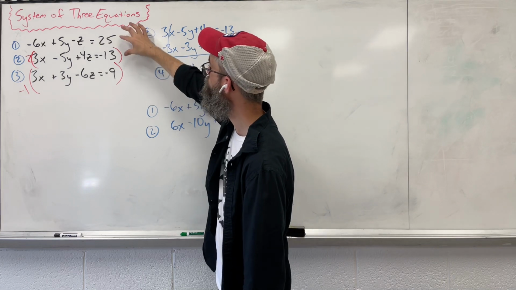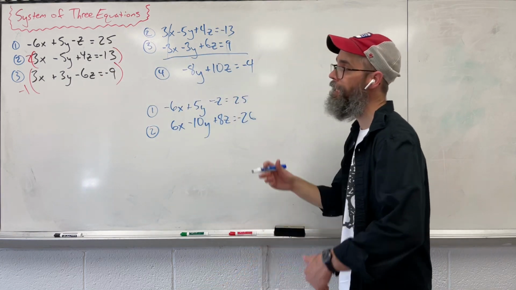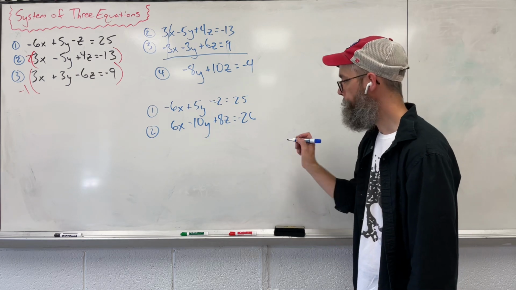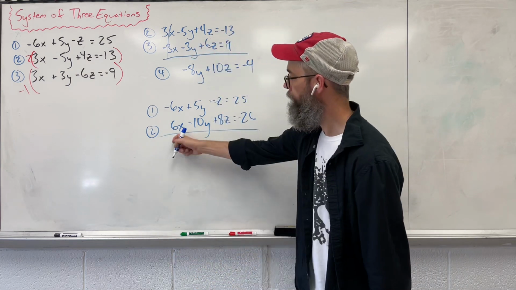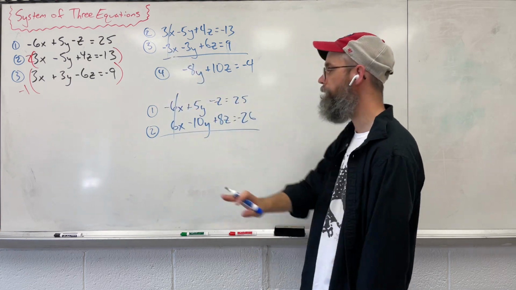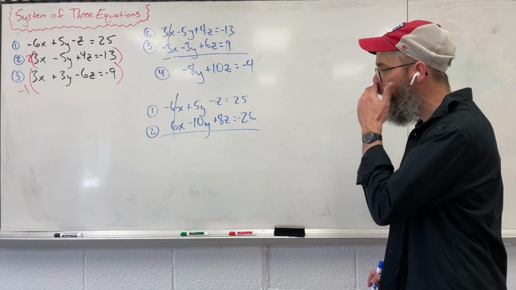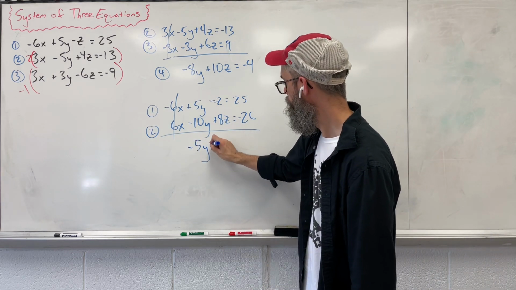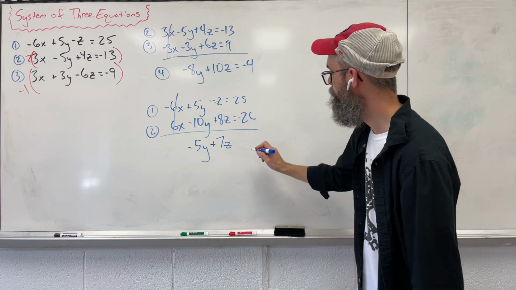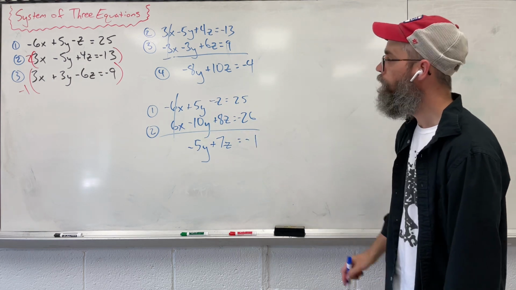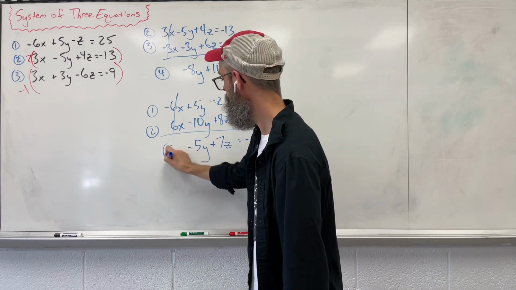Now we're doing equations 1 and 2. We want to try and hit every one of those, and one of the numbers is going to get repeated. Okay, so elimination. 6x, negative 6x, goodbye. We canceled out x's first. We canceled out x's in the second one. We like that. Now everything else, we've got negative 5y plus 7z equals negative 1. We now found equation 5.